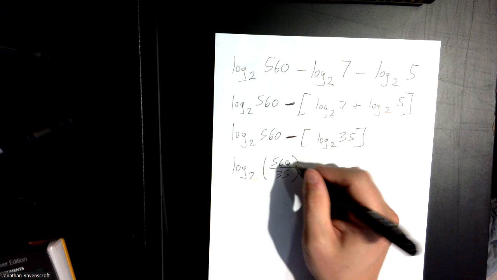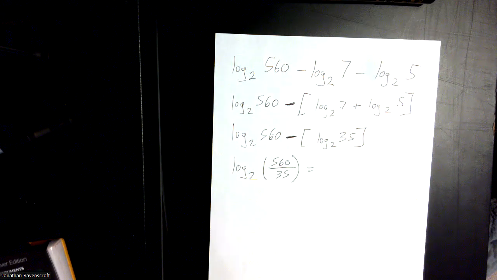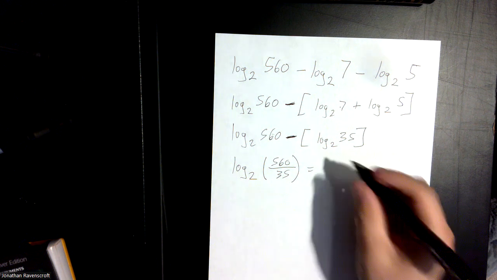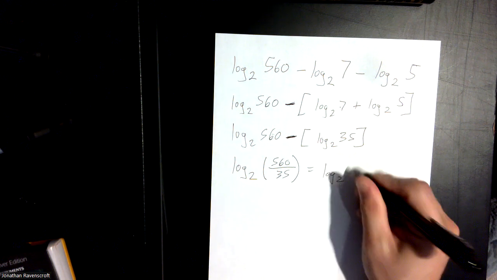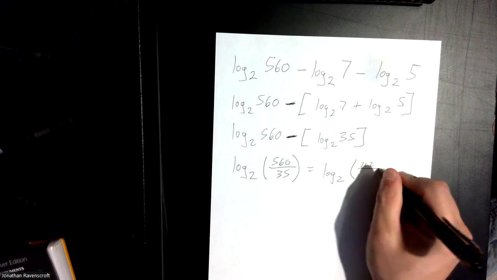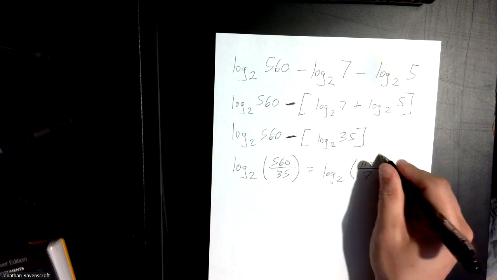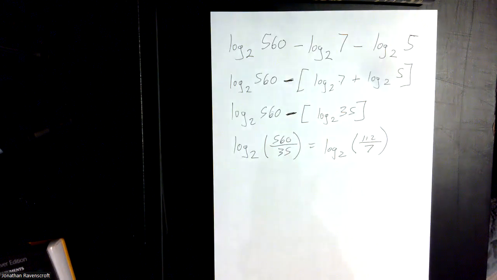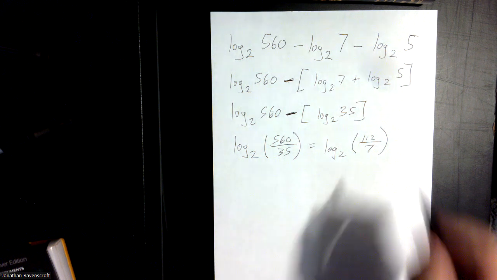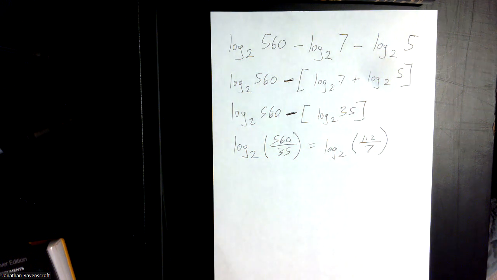No, this is still a ratio or a fraction. I can simplify that. 560, I know 5 goes in there. Log base 2 of 112 over 7. Now you might be tempted to try to do some transformation here.